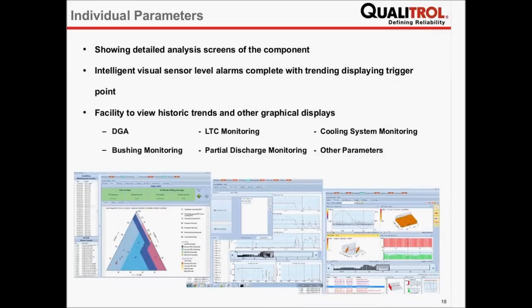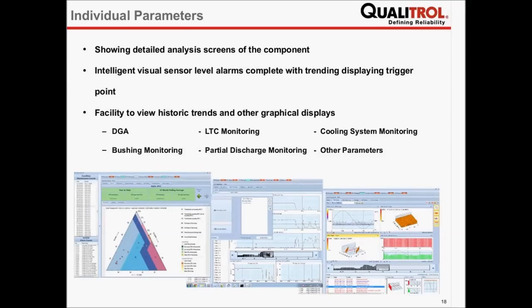So coming to the individual section of this particular system, the individual section should have a detailed analysis screen of that particular part. For example, if it's a DGA, then there should be a facility to see the Duval triangle, the Rogers ratio, the Doernenburg ratio, or some advanced models.